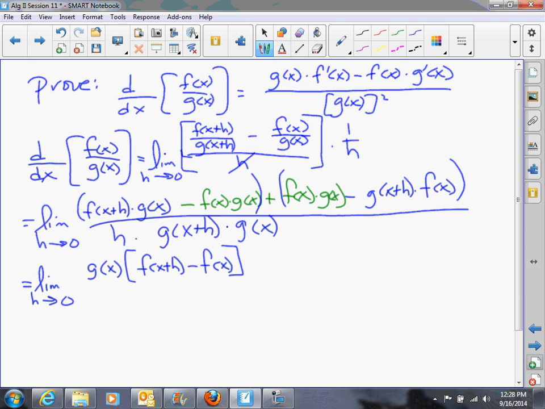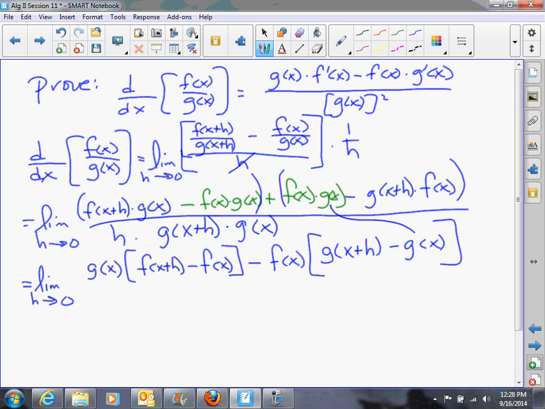Now, out of the second two terms, I'm going to pull a negative f of x. So minus f of x, and I'm left inside with g of x plus h minus g of x. Now notice I've turned those around.